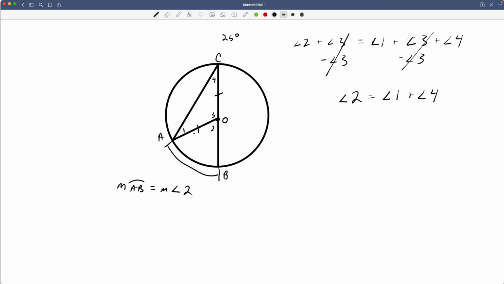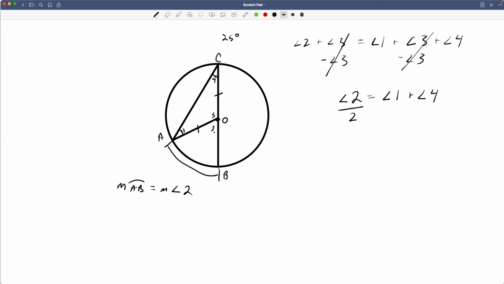And we know that in an isosceles triangle, when you have two sides the same, the corresponding angles are going to have the same measure. So therefore, these are going to be the remainder of the 180 minus this divided by 2. So therefore, the measure of angle 2, half of that is going to be equal to the measure of angle 1 or the measure of angle 4, right?